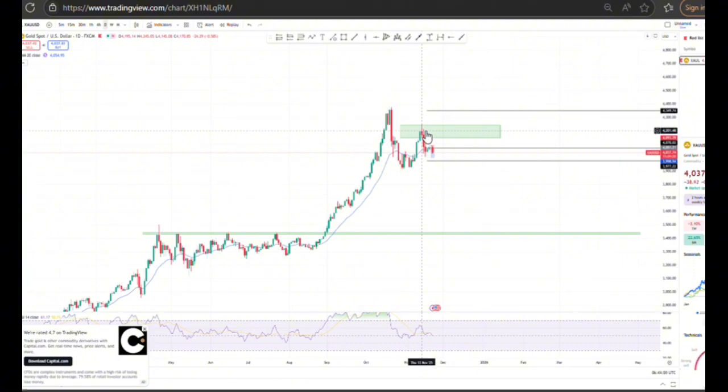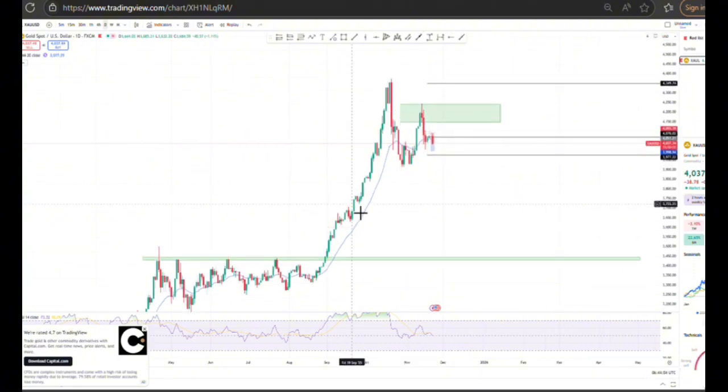So most likely this is possibly going to be a bearish bias because of this change of character, right? But yet it's not confirmed yet because gold has not formed a lower low yet.